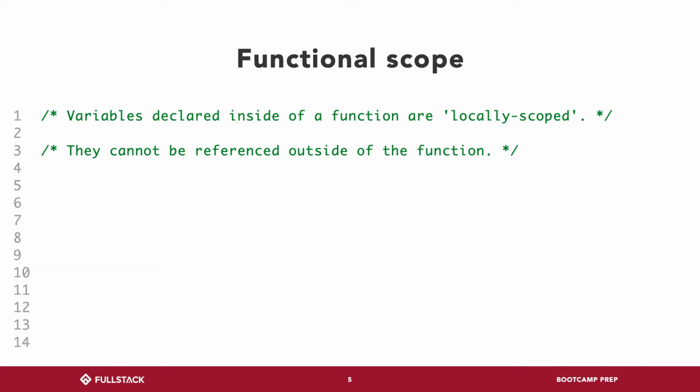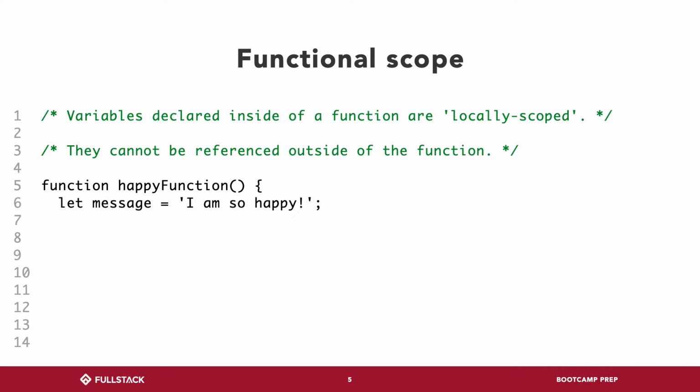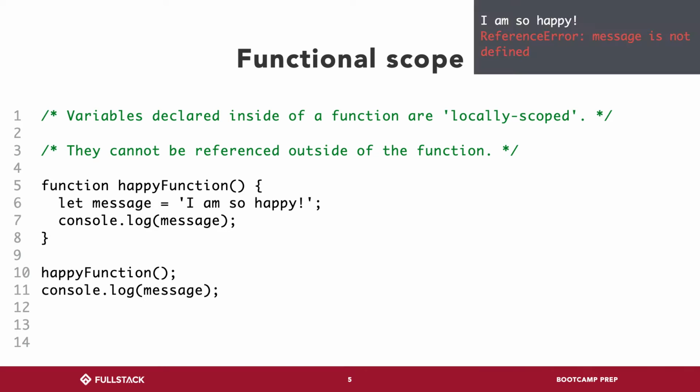So functional scope: variables declared inside of a function are locally scoped. They cannot be referenced outside of that function. So here, we have function happyFunction, let message equal I am so happy, console.log message. We run happyFunction, it runs, we console.log message, and we get I am so happy, right? But then we try to console.log message here.